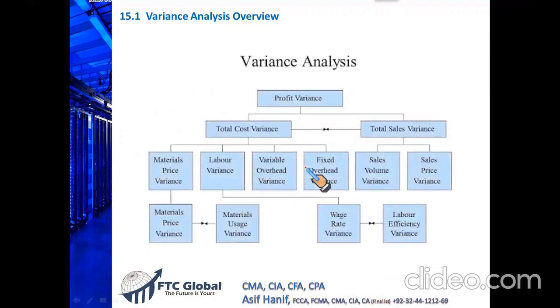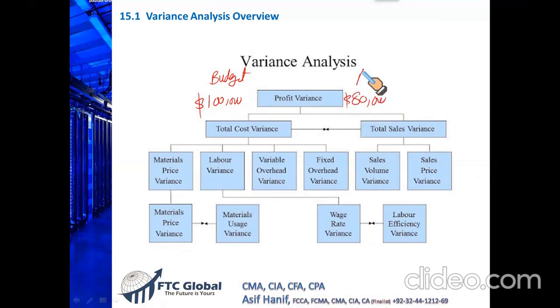Now what happens? Let's say we set a standard, and based upon that standard we prepared a budget, and our budget showed that we will earn a profit of $100,000 as per the budget. After a quarter, or maybe after a year, whatever the time was decided, our profit was just $80,000.